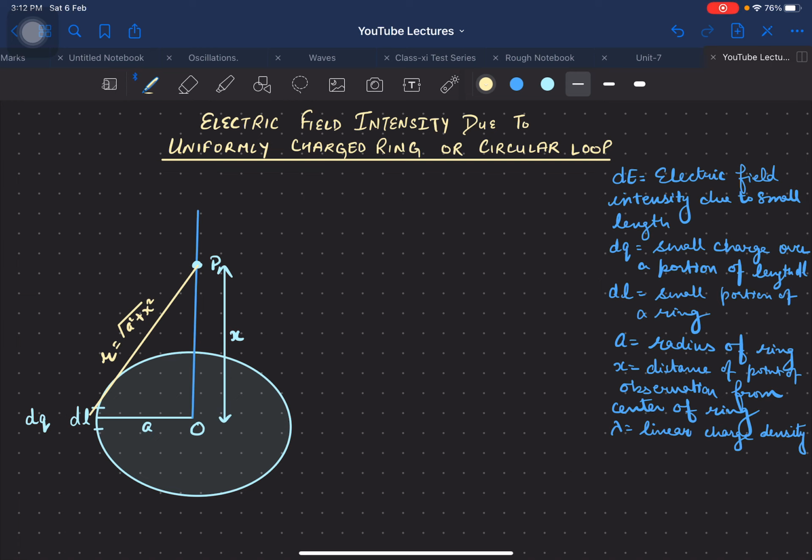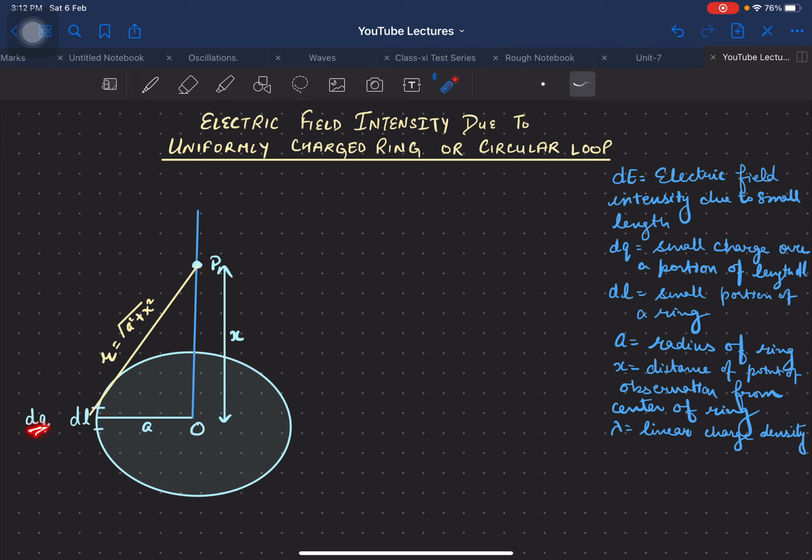As I have said, a charge is distributed all around the ring and the charge is of positive nature, and at point P of observation we already know that we always consider a unit positive test charge. So the test charge placed at this point is also of positive nature.